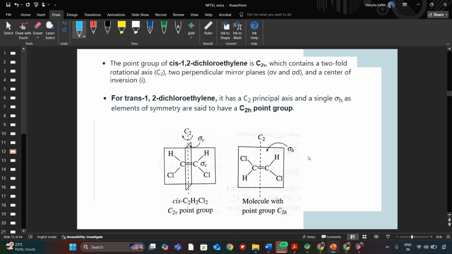This is rather going to be perpendicular to the plane of the screen, which is going to rotate the molecule by 180 degrees, and in that case this chlorine will reach this position and vice versa. So through this point, one C2 axis will pass which will be perpendicular to the plane of the screen.